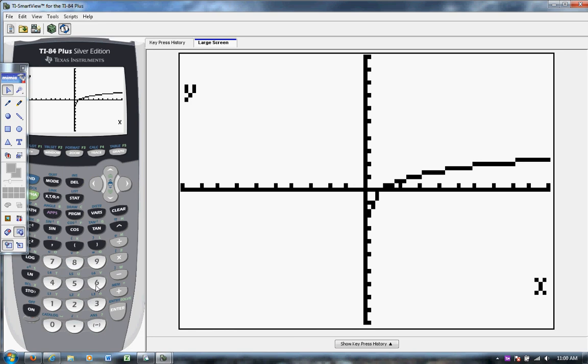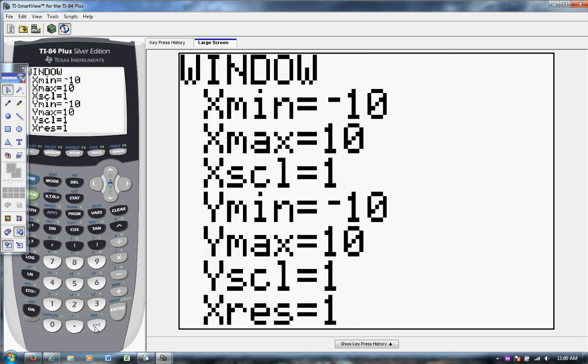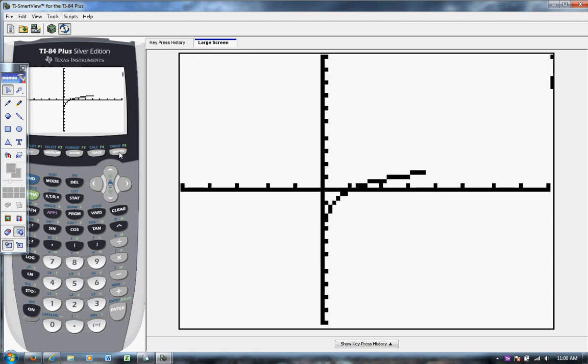Now, we probably don't need all of these negative x's over there. So why don't we go to our window and close it down to -5 and maybe only go to +8, just so we can see it a little bit better.